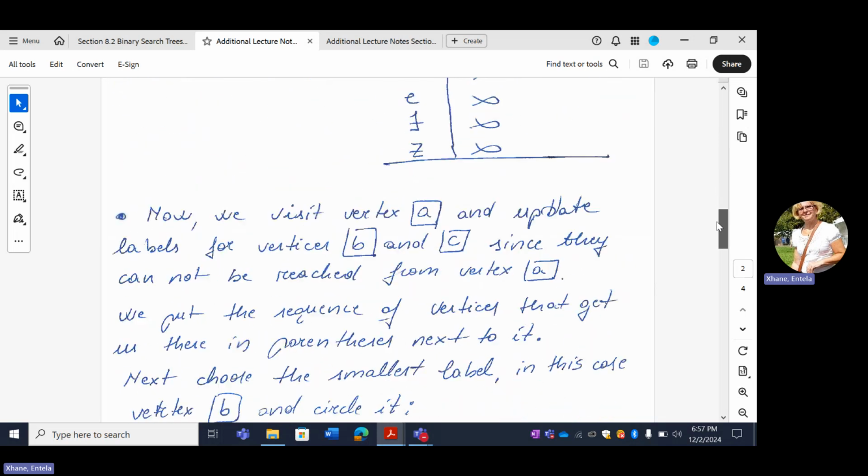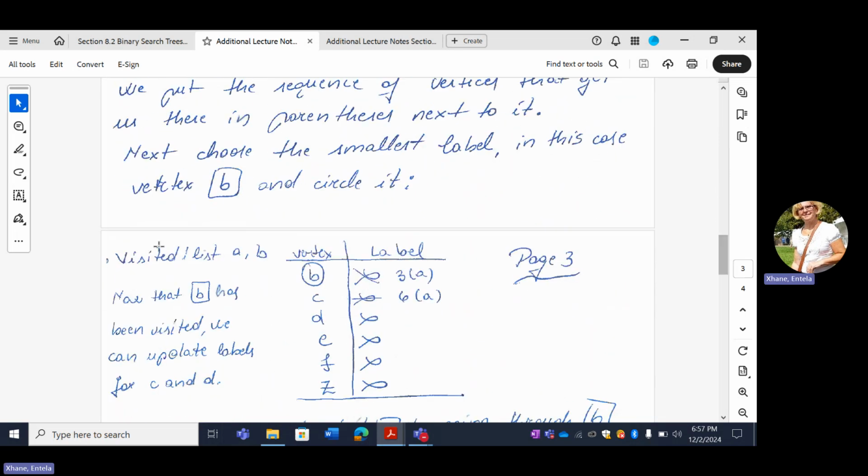Let's transition into the next step. So this is visited list A and B. So I just left A and then went to B, right? So I circled B. I crossed out the infinity, and then this is 3 from A, right?